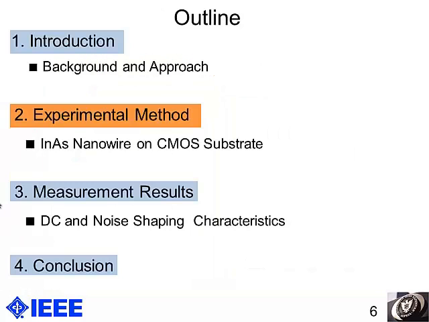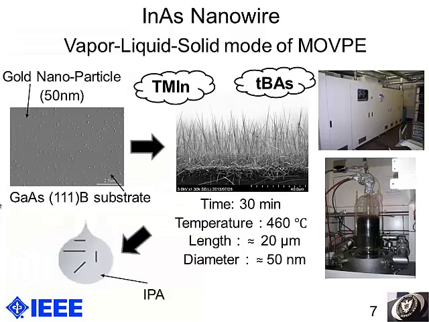From now, I'll talk about the experimental method for indium arsenide nanowire on CMOS substrate. This and the next slide show the growth and fabrication process of our indium arsenide nanowire CMOS circuit. First, we grew indium arsenide nanowires on a gallium arsenide 111B substrate by using vapor liquid solid mode of metal organic vapor phase epitaxy. The growth time and temperature are 30 minutes and 460 degrees centigrade respectively.